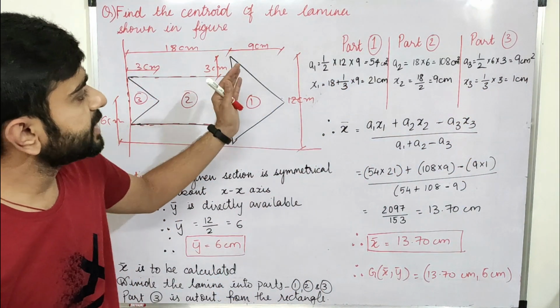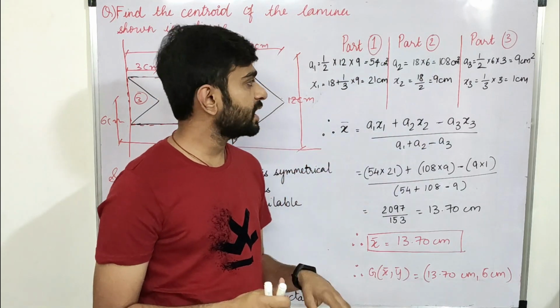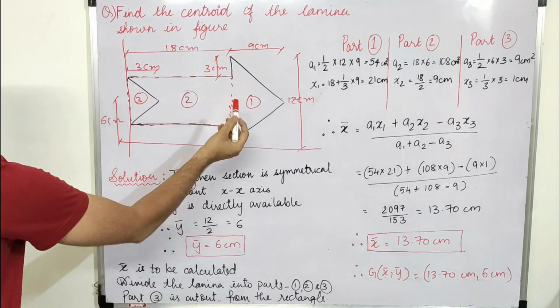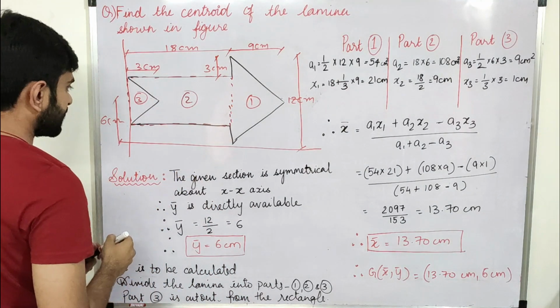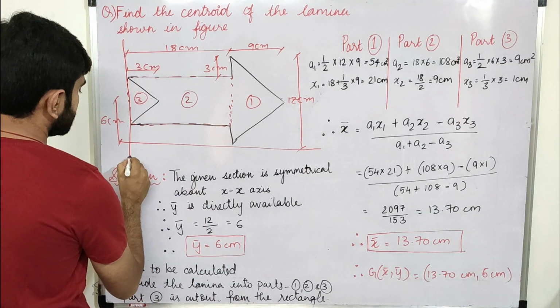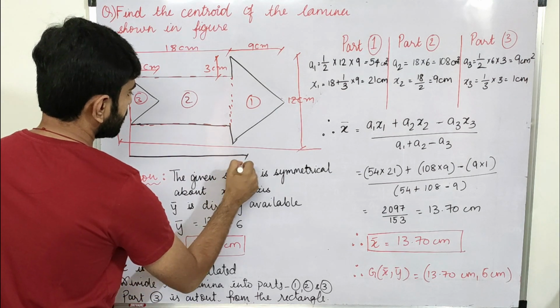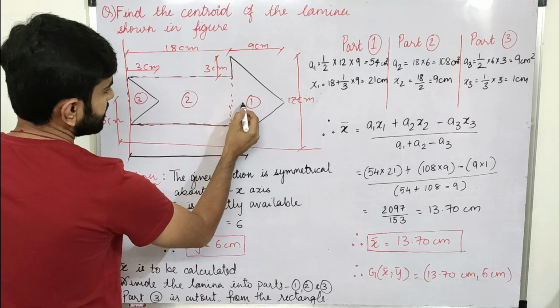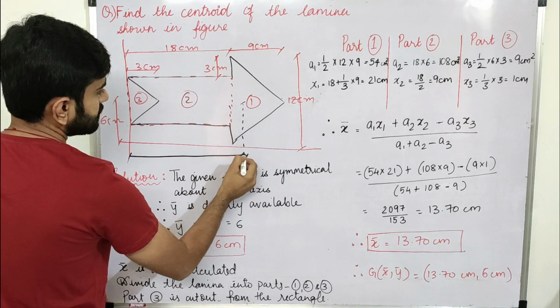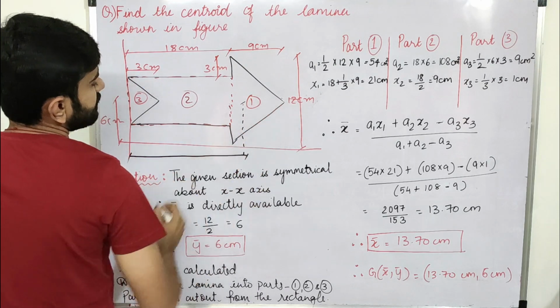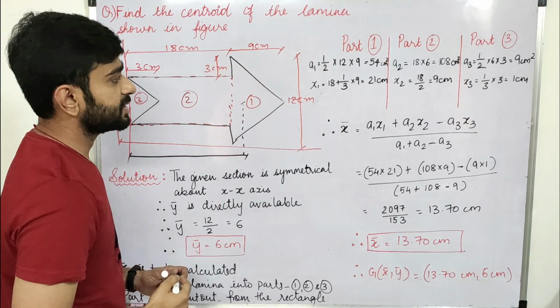So we just calculated a1, a2 and a3, and now we'll be calculating x1, x2 and x3. In order to calculate x1, we'll have to travel in x direction from here till the centroid of the first triangle. That would be 1 by 3 of this 9 centimeter.